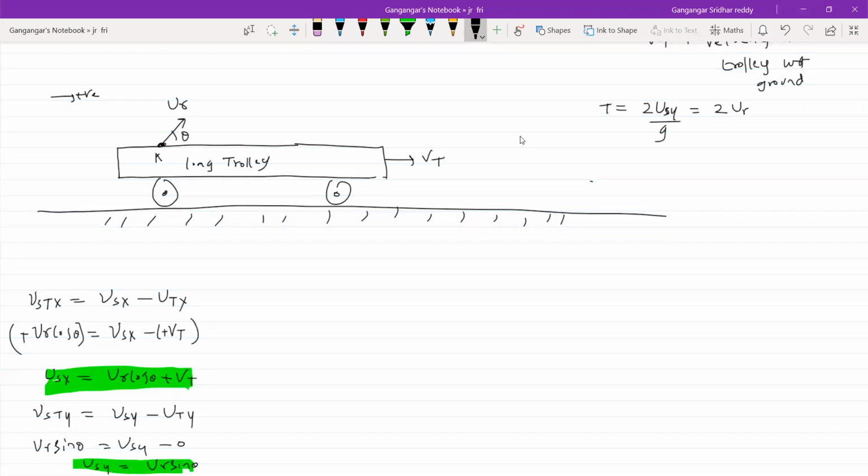UR sine theta. Time of flight is very important in every problem. Once you get the time of flight, we can find out all other things. So let's calculate the range of the stone with respect to ground first. The range of the stone with respect to ground.